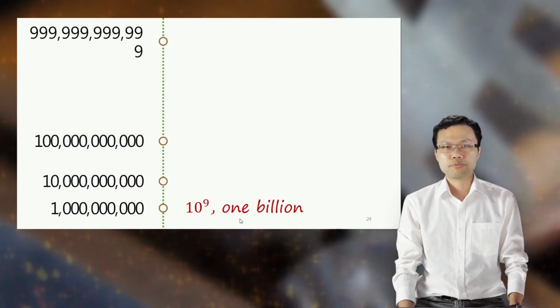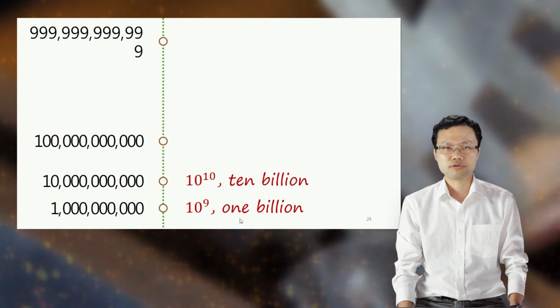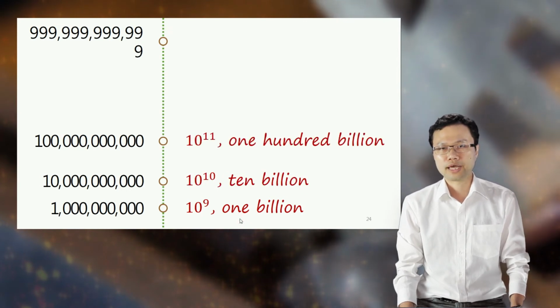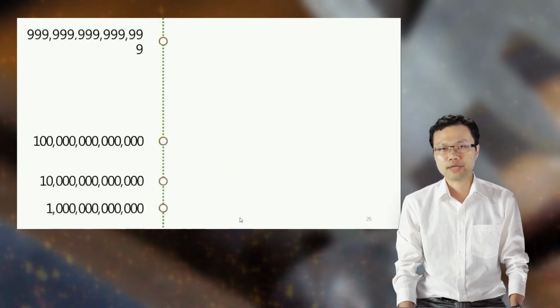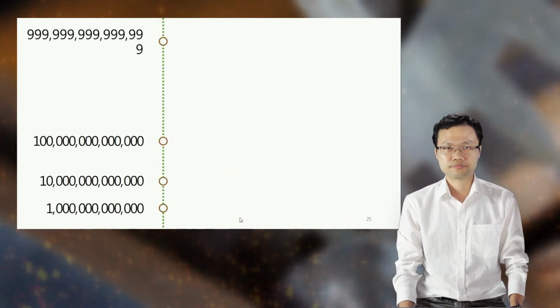Further, 1 billion is 10 to the power of 9. 10 billion equals 10 to the power of 10. And 100 billion can be written as 10 to the power of 11.